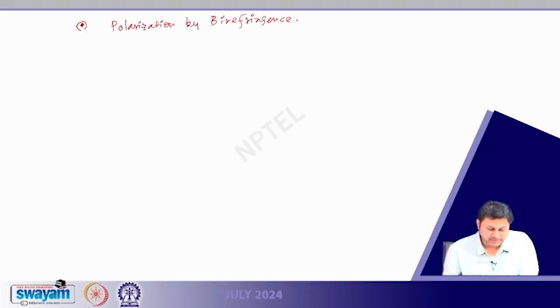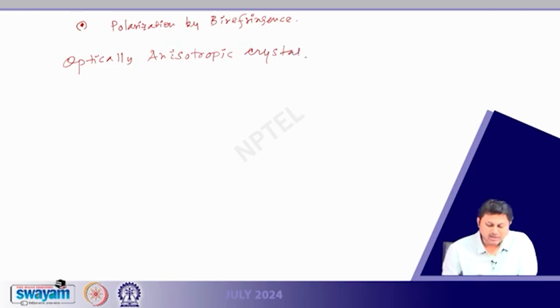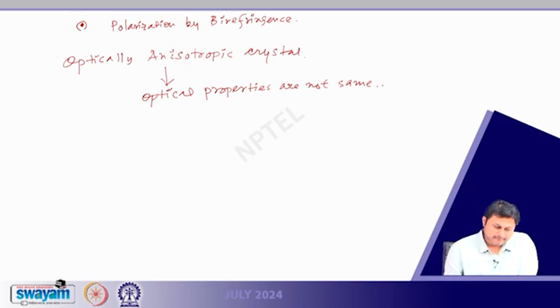The optical properties are not the same in this kind of crystal. Anisotropic crystals are such optical materials for which the optical properties are not the same in all directions.